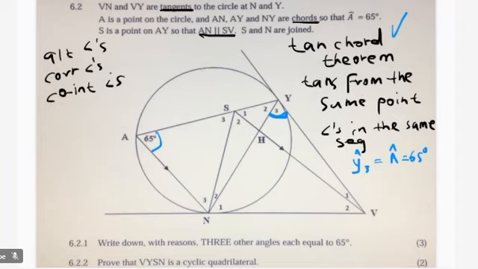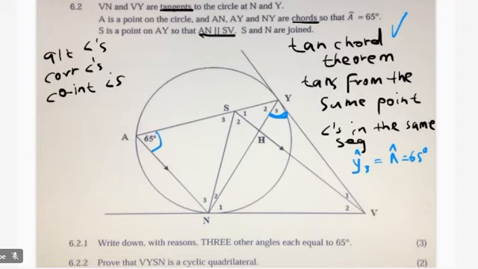As we can see, Y3 is actually opposite to A, and A is in the triangle that touches the circumference.